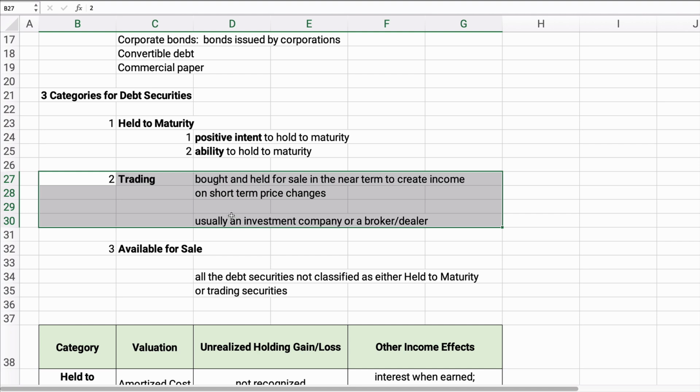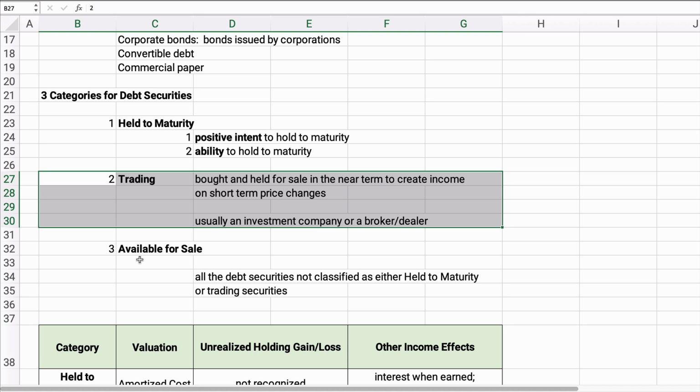In this case, you're either an investment company or a broker-dealer type company, so we typically don't see trading securities. You're buying and selling frequently, and it looks more like inventory. Buying bonds is like inventory you can sell to somebody else later on.